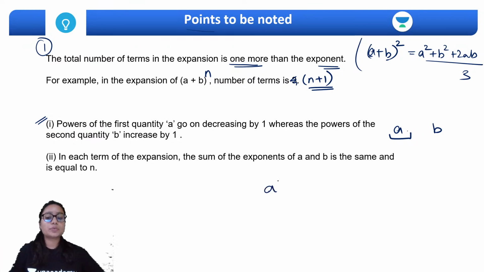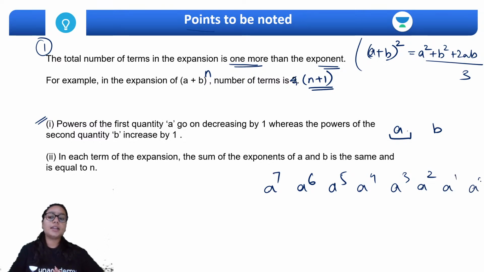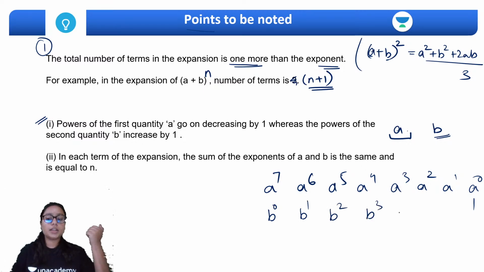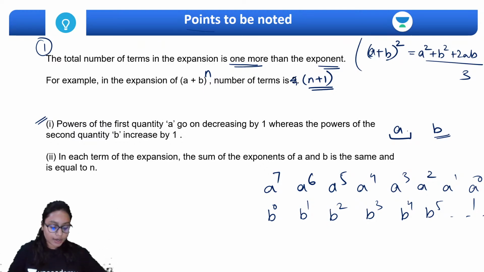So if it starts with a raised to the power 7, then this is a6, a raised to the power 5, a4, a3, a2, a1 and then finally a raised to the power 0, that is 1. And the exponents of b will keep on increasing by 1. So this will be b raised to the power 0, then b1, b2, b3, b4, b5 and so on. Alright, I hope this is clear to you.